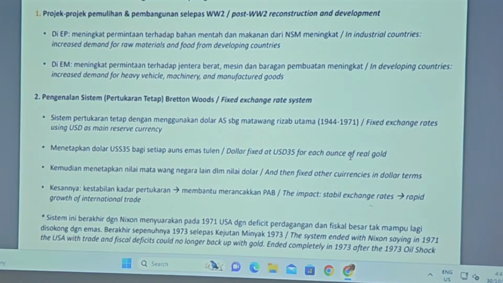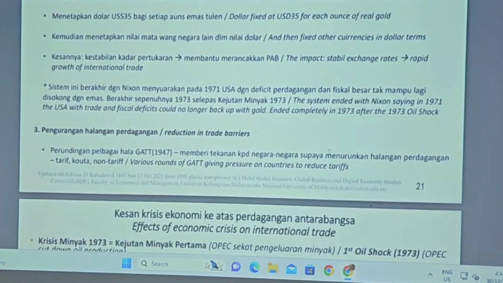But did IMF or World Bank finish? No, until today there is IMF and World Bank. Only the fixed exchange rate system finished in 1973. And now the GATT has been replaced by WTO, World Trade Organization.